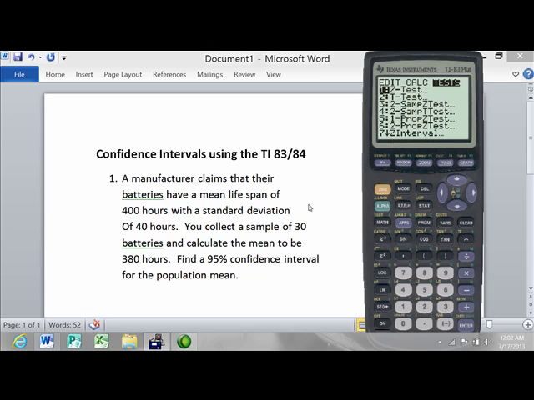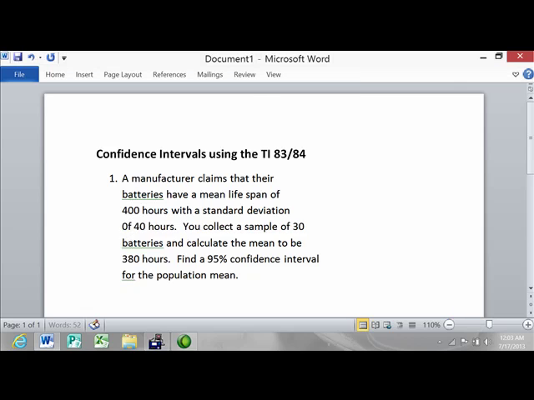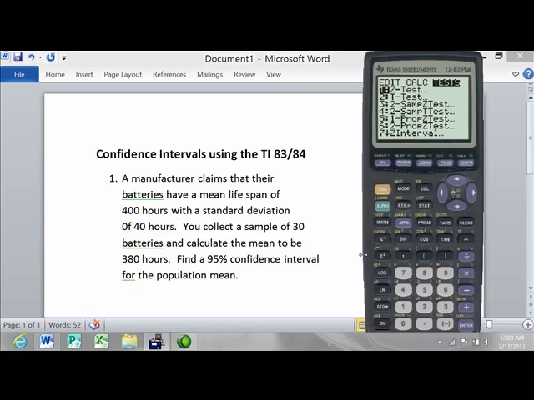We want a confidence interval, and we're going to have a Z interval because even though it doesn't say anything about normal distribution, the central limit theorem tells us if my sample is greater than 30 and I know the population standard deviation is 40, I can assume a normal distribution. So what we're looking for is a Z interval.